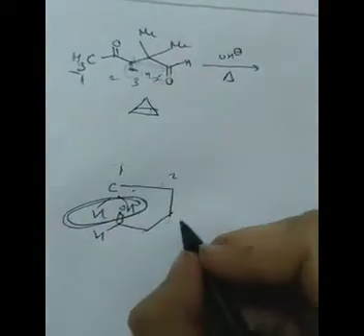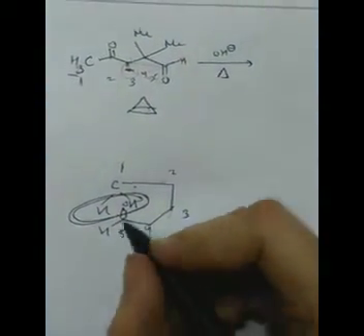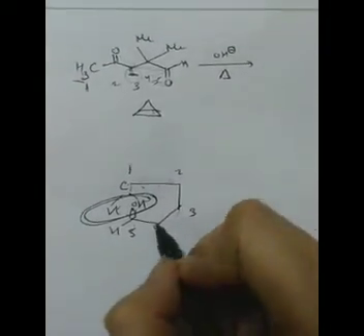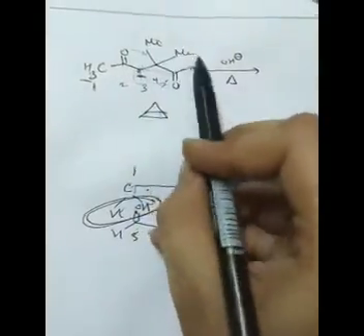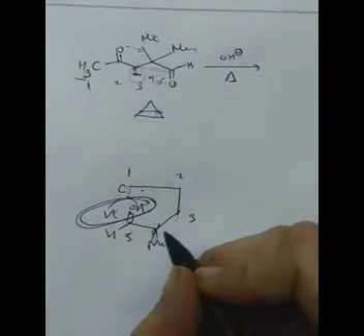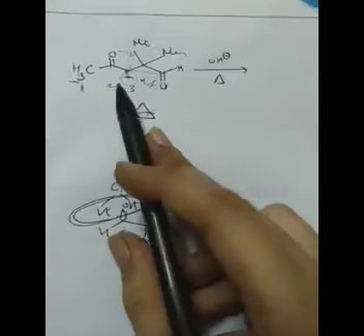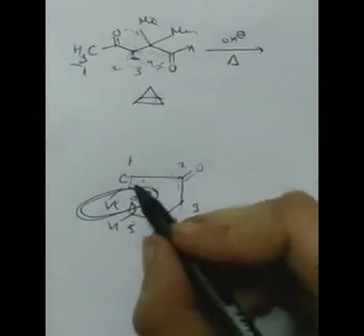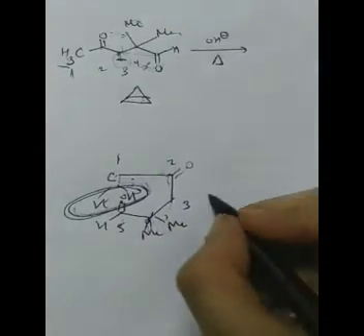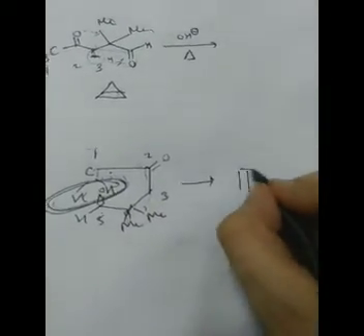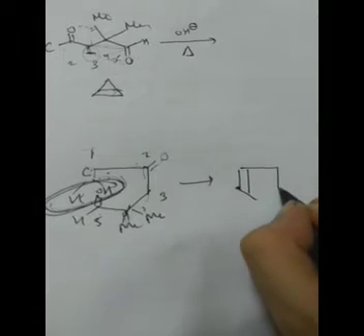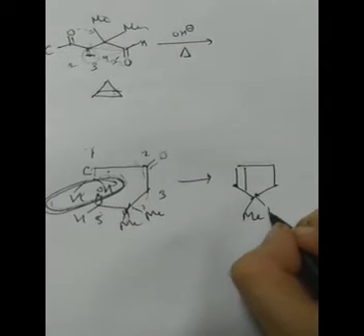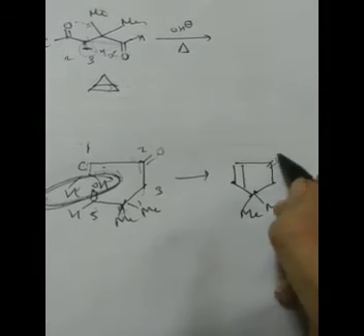So there is oxygen. We have 2 methyl groups on 4. So 2 methyl groups are here, and there is nothing on the third carbon. There is 1 carbonyl on the second, right? So see, water is removed and a double bond is formed. It is very easy to remember this. 2 Me, 1 oxygen. Easy.